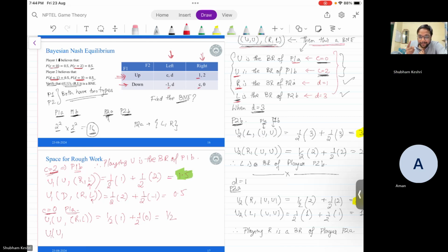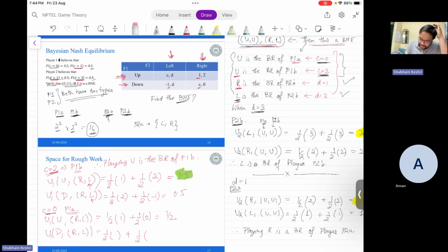Therefore this is half. U1 when player 1 is playing U and player 2 is playing R comma L, player 2A is playing R and he is playing U, then his utility is 1 plus half of the time he is playing, okay, I don't have to check U, it will be D. Sorry for the confusion, this will also change.